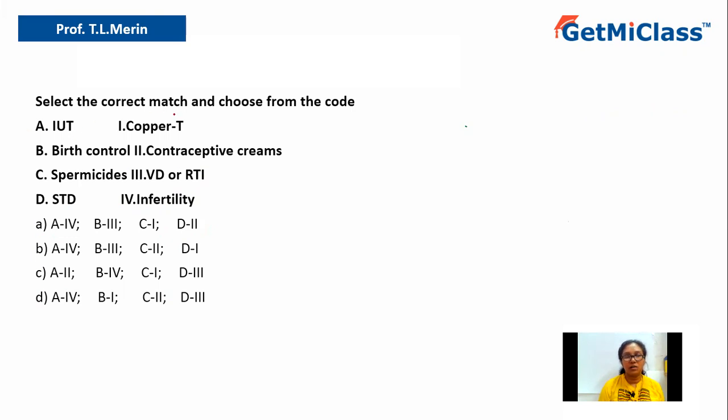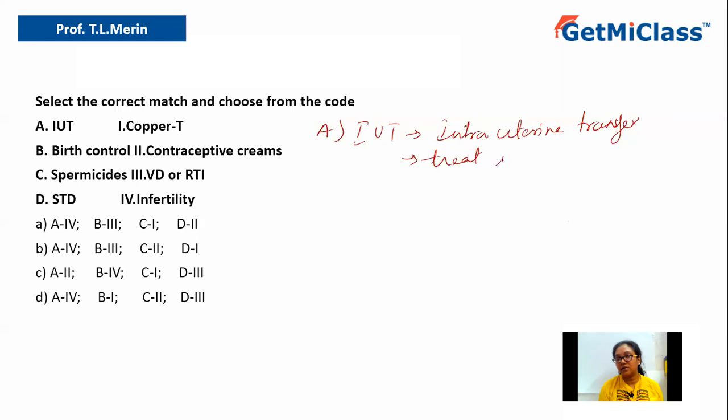So now let us talk about A, that is A says IUT. So what do you mean by IUT? That is nothing but intrauterine transfer. So what is this intrauterine transfer for? It is actually to treat infertility. How? Because as the name indicates, it says intrauterine transfer.